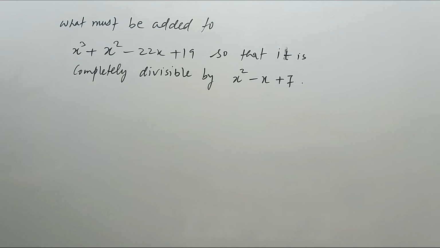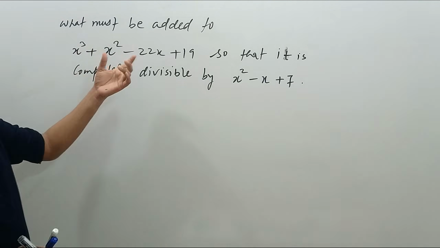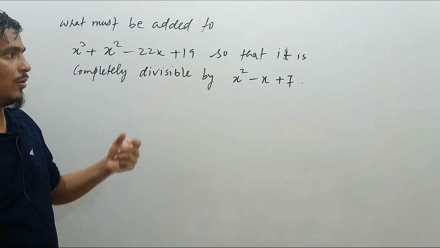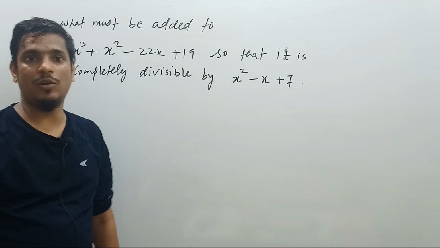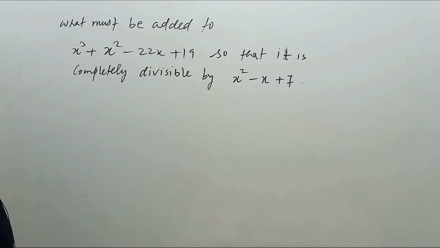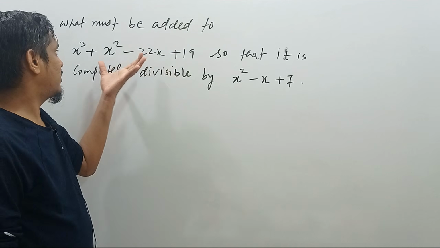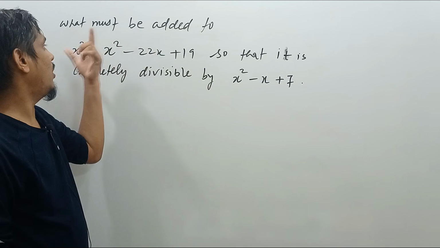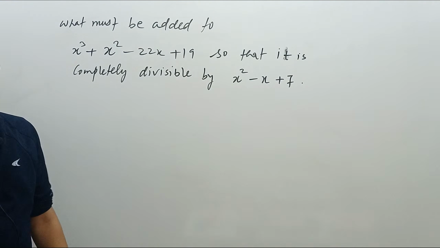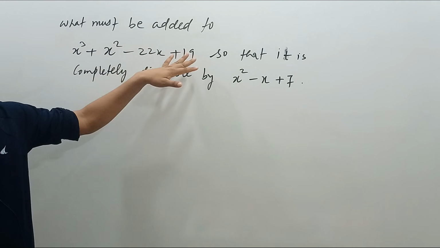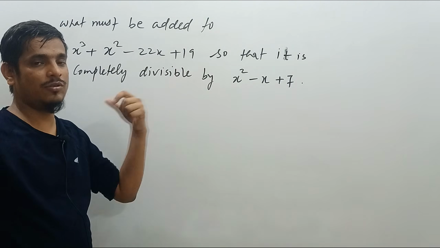So the question is, what must be added to this cubic polynomial so that it is going to be completely divisible by this quadratic polynomial? So it means this cubic polynomial is not completely divisible by this quadratic polynomial. So we need to add something to it so that it is divisible by this quadratic.